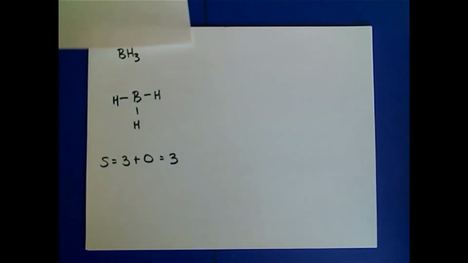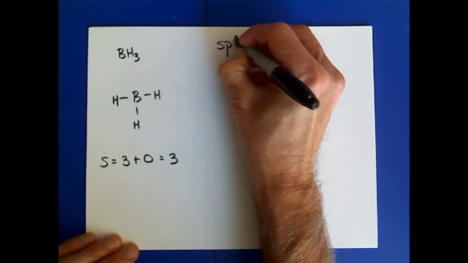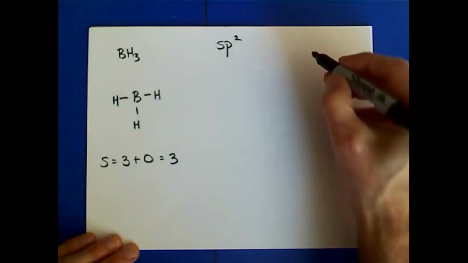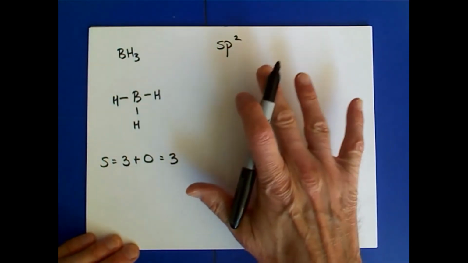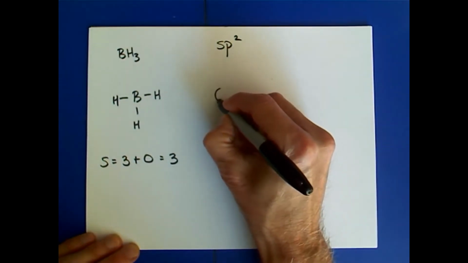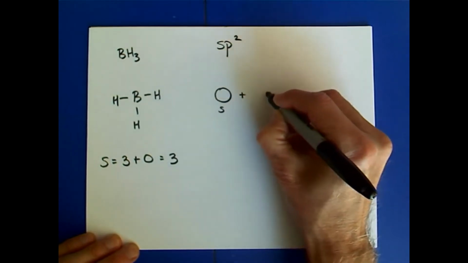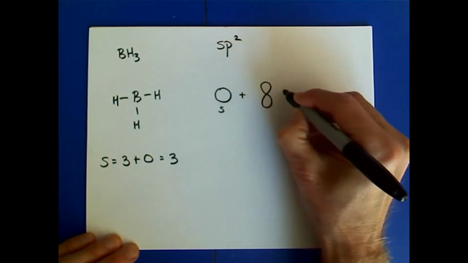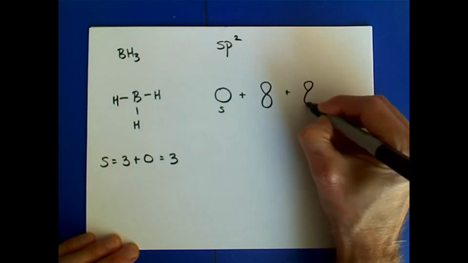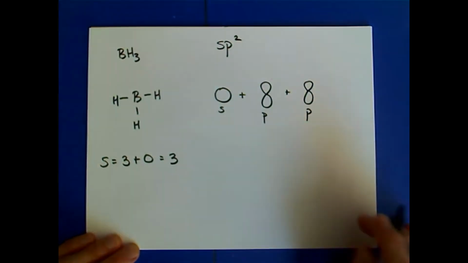And here's the way that's going to work. In the case of sp2 hybridization, which is always going to result in a trigonal planar arrangement of electron pairs, we're going to hybridize a single s orbital and 2 of the p orbitals. And one of them will remain unhybridized, because remember, there's always 3 p orbitals.